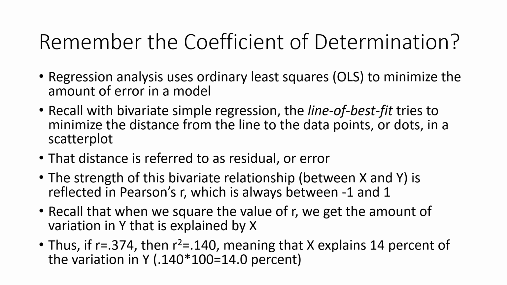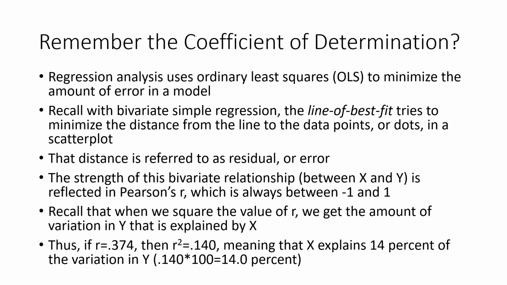And with bivariate simple regression, when you're only looking at one x variable and one y, we fit a line of best fit within our data points, typically in a scatter plot. That line of best fit tries to minimize the overall distance between the data points and the line itself. And the distance between the data points and the line of best fit is referred to as the residual or the error in your model.